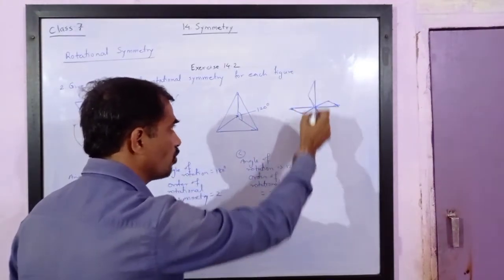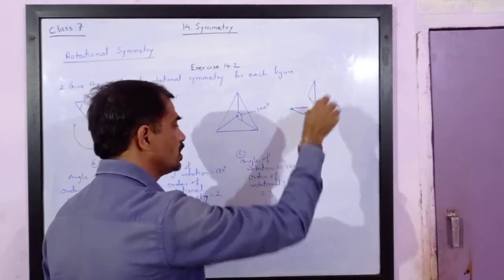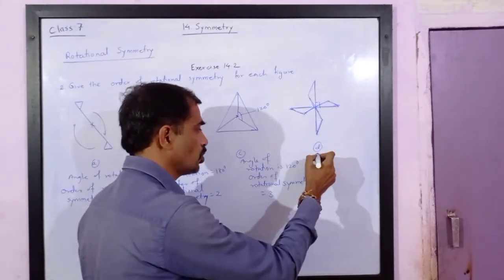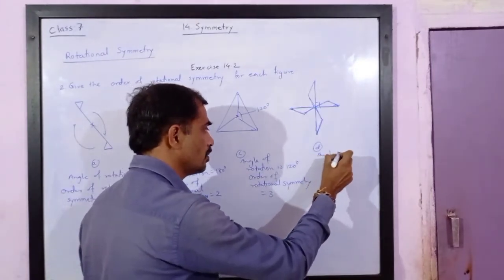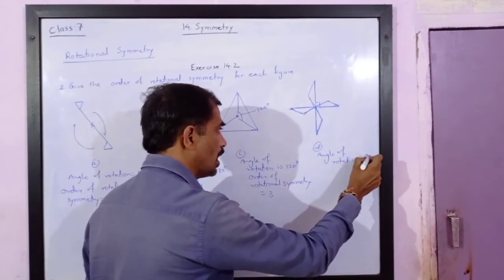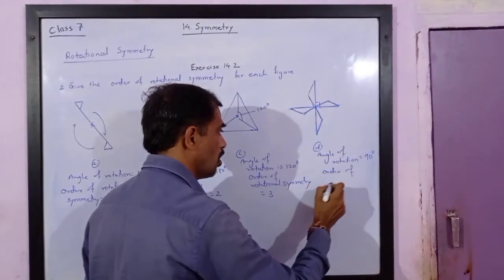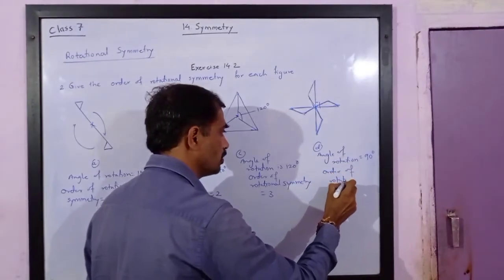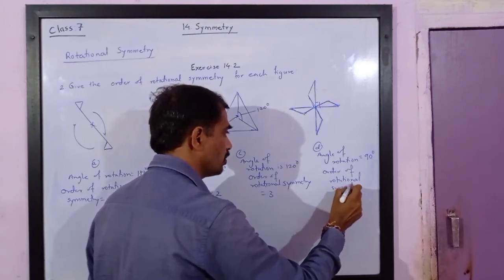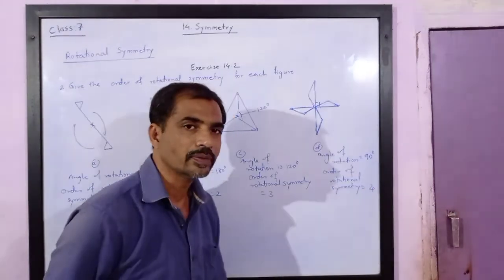In the last, fourth figure, we will notice that we are able to reach the same position after rotating it by 90 degrees. So the angle of rotation is equal to 90 degrees, and the order of rotational symmetry is equal to 4.